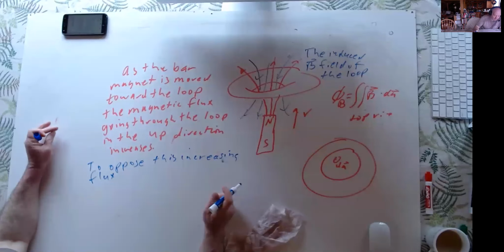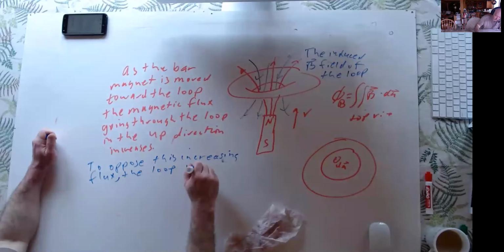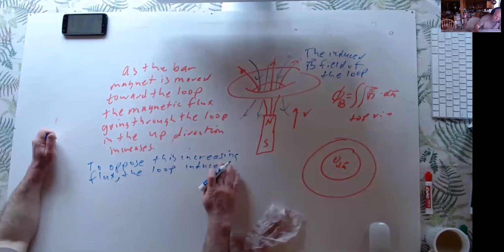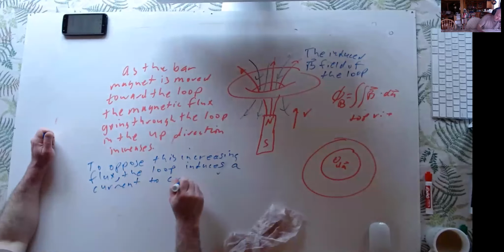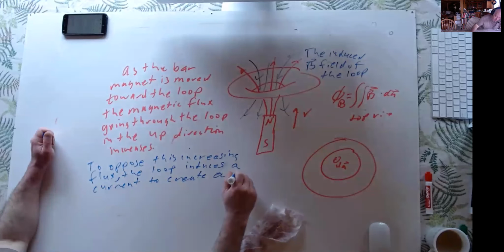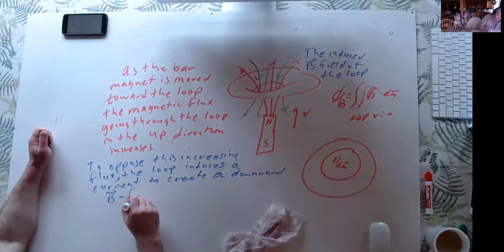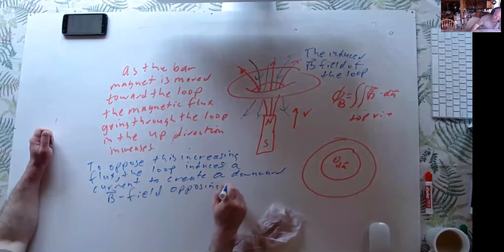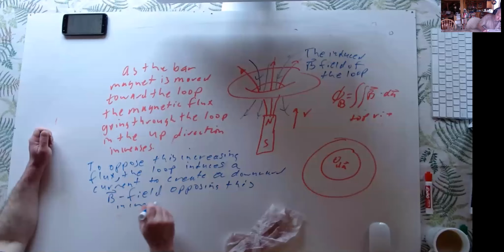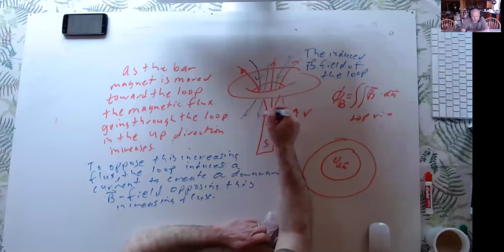To oppose this increasing flux, the loop induces a current to create a downward B field opposing this increasing flux. So this blue that I've drawn here, that's your induced magnetic field.